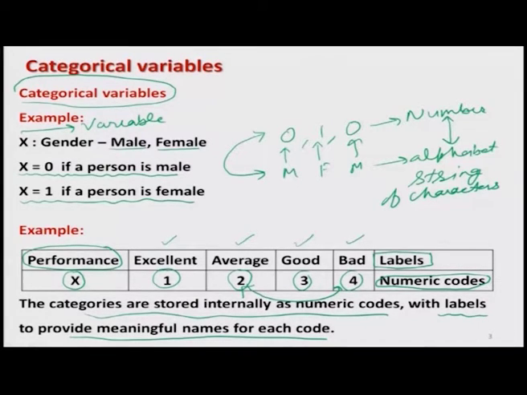For example, I take the numeric code 4, and then I choose a proper label, say bad, that means 4 is indicating bad. So again, I have made a one-to-one correspondence between the strings excellent, average, good and bad and the numeric codes 1, 2, 3, 4. So, now there is a one-to-one mapping between the string character and the numerical value, right.